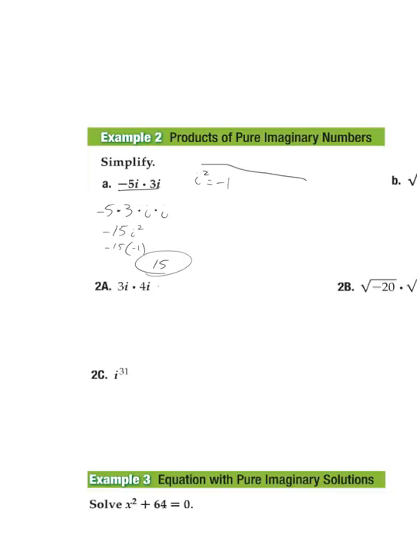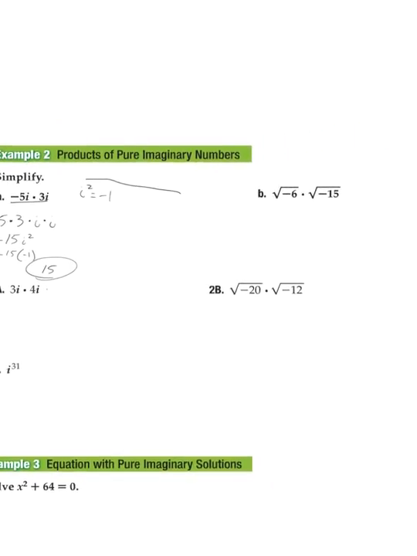If we take a look at example B, it's a similar type of problem. Let's think of this as i times the square root of 6, times i times the square root of 15. So this is i squared times the square root of 6 times 15. What do we get?